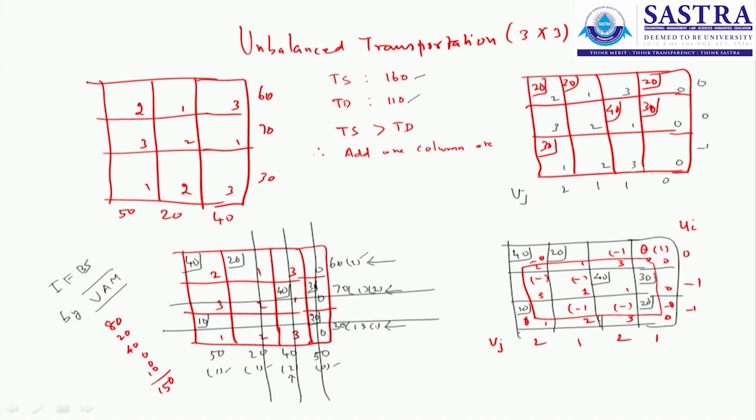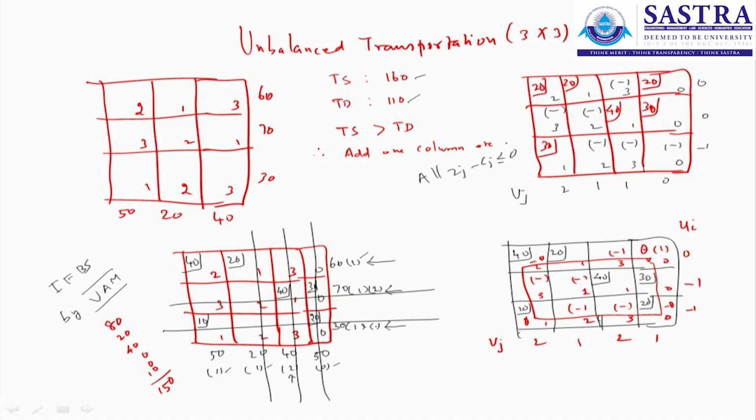So, if I go for non-basic cells, 1 comma 3, 1 plus 0 minus 3 is negative, then 2 comma 1, 2 plus 0 minus 3 is negative, 2 comma 2, 1 plus 0 minus 2 is negative, then 3 comma 2, that is also non-basic, 1 minus 1 is 0, 0 minus 2 negative, then 1 minus 1 is 0, 0 minus 3 negative, 0 minus 1 is negative. So, all Zj minus Cj are negative.